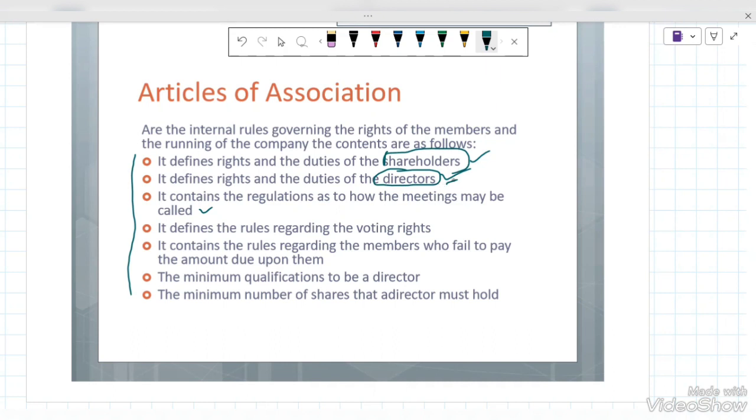It means that all the important decisions regarding financial and operational matters, or all the decisions which are very important for the business, will be taken by directors. So sometimes it is very crucial to decide which type of person would be best for our business. So all the regulations related to our general meeting, the annual general meeting.